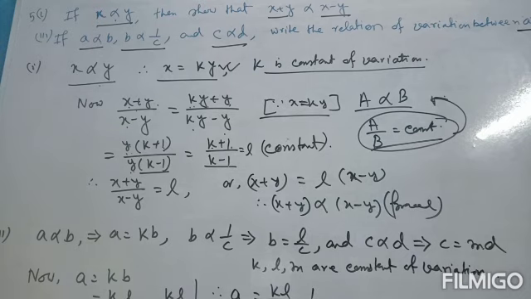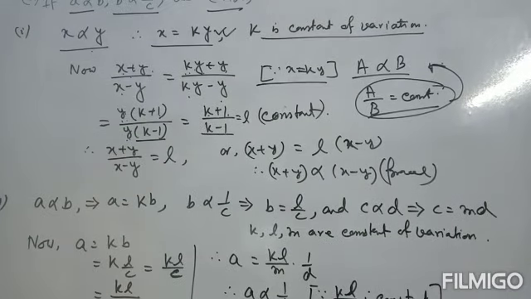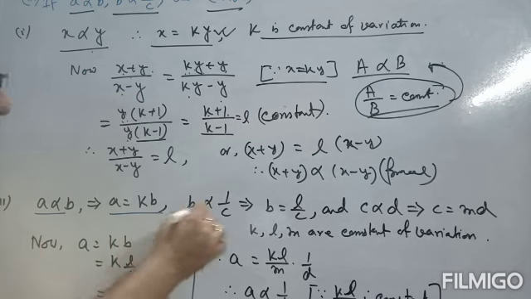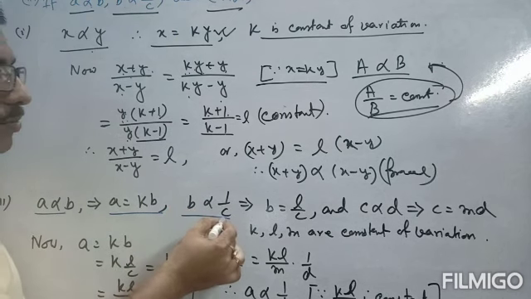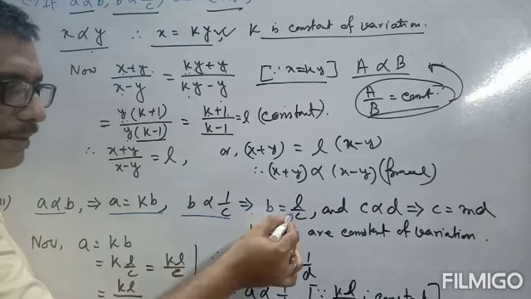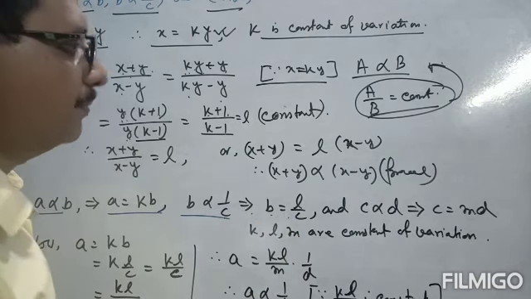So first we start from here. A varies as B means A is equal to K into B, where K is the constant of variation. Second, it's given B varies as 1 by C, so B is equal to L by C, where L is the constant of variation.